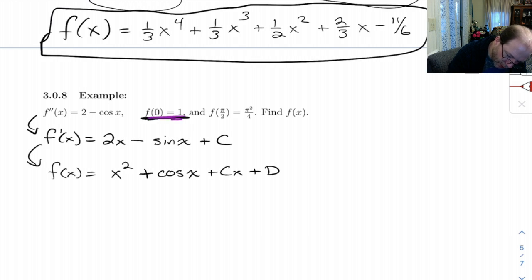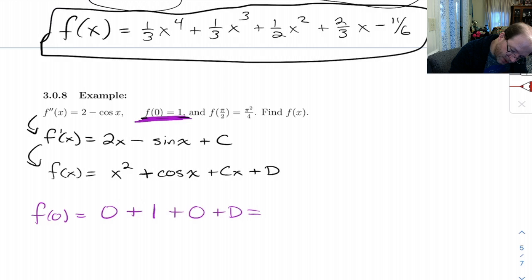I'll do this color-coded. In purple, f of 0 is 0 plus cosine of 0 is 1. c times 0 is 0. So get all this, and what's that equal to? It's equal to 1. So that gives me d is 0. All right, so now I just need to plug this one in. f of pi over 2.